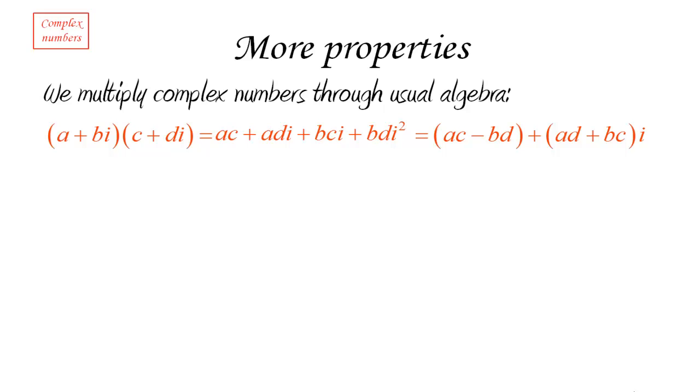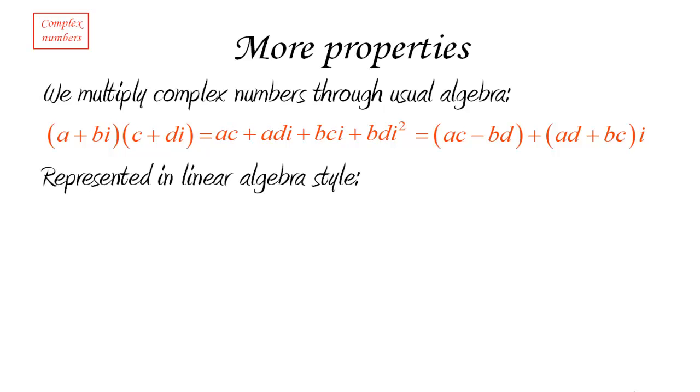Now, here is another connection with linear algebra. We can represent this product in linear algebra style, because notice that each one of those two quantities in brackets can be represented through 2 by 2 determinants. In fact, I can say that (A plus Bi) times (C plus Di) is going to be equal to the determinant of [A B; D C].